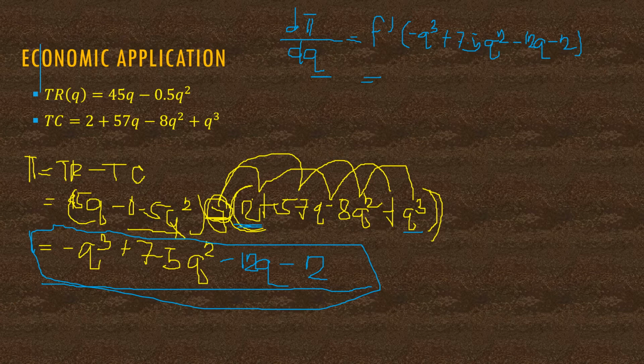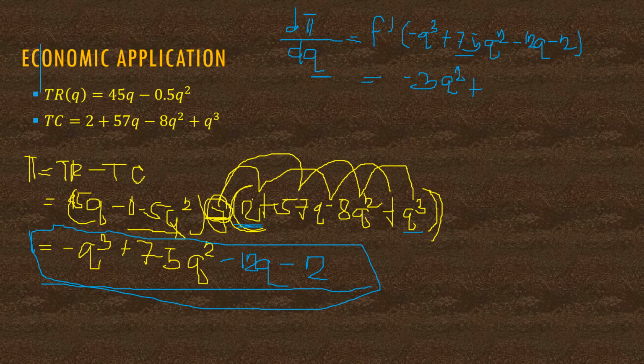So we have here the negative 3. 3 times the 1 here, that is negative 3, Q, 3 minus 1, that is 2. Next, plus 7.5 here times the 2, which is the exponent.